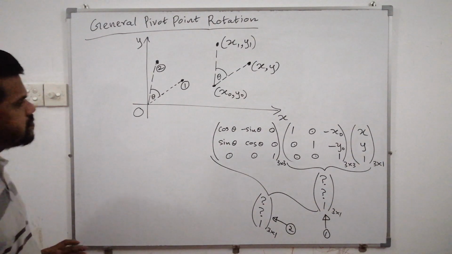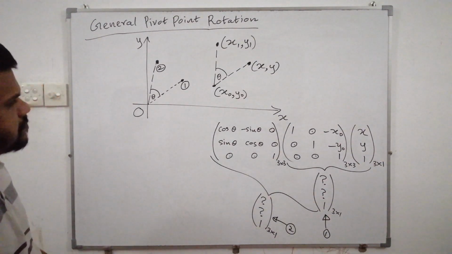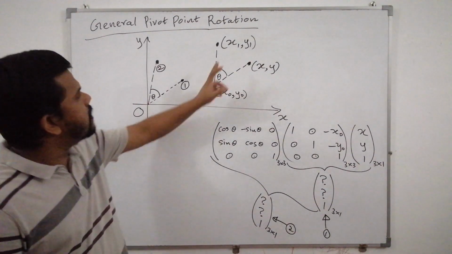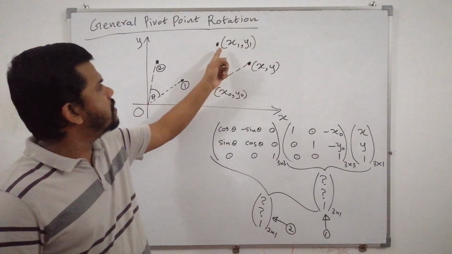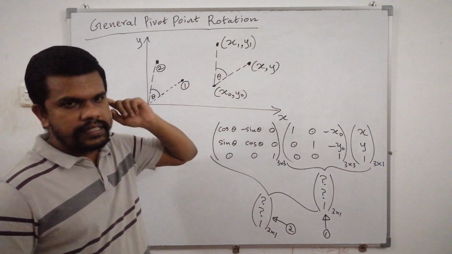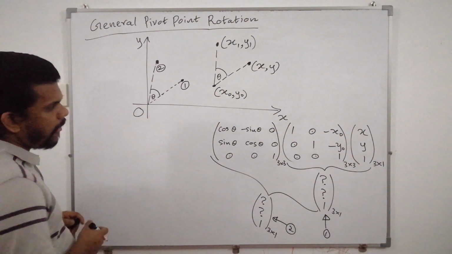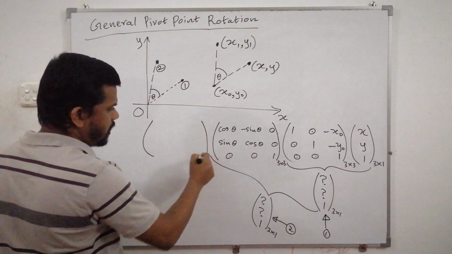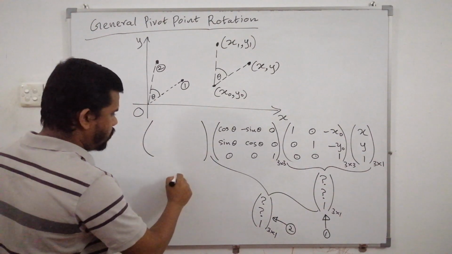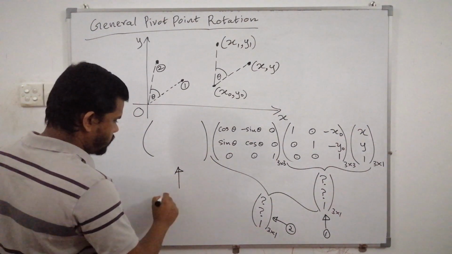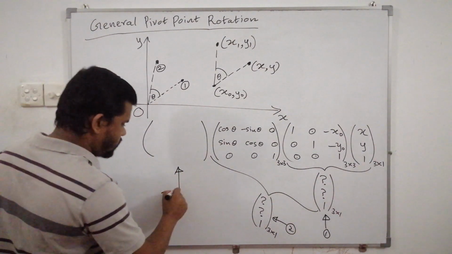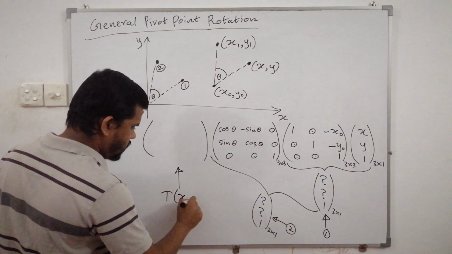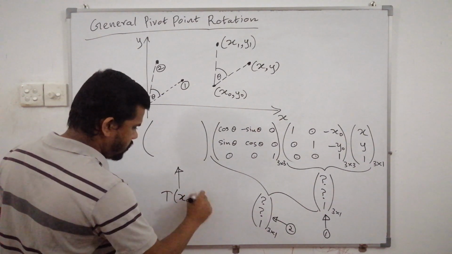So now we want to get the matrix that represents this point. What happens if you do something like this? Here we put a translation matrix again with amount x naught, y naught.